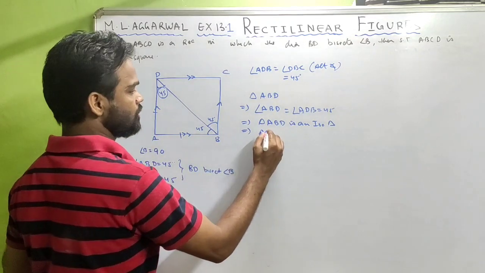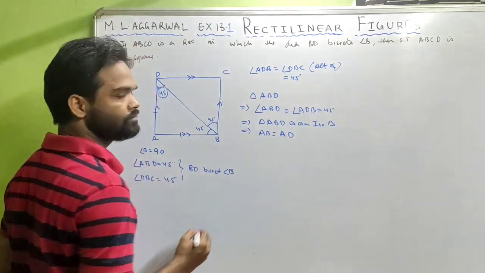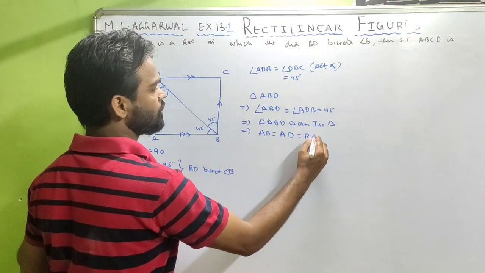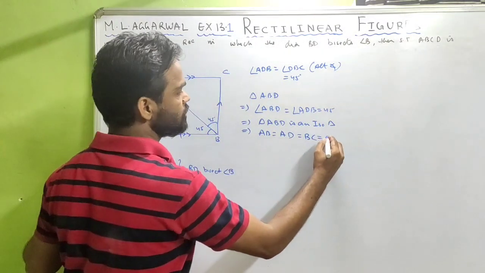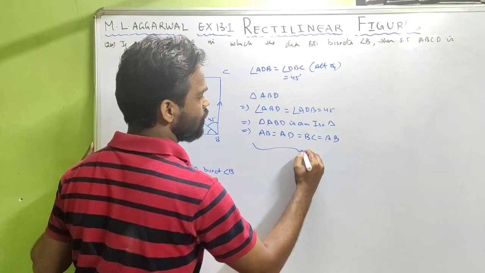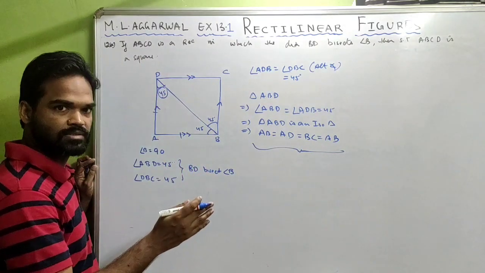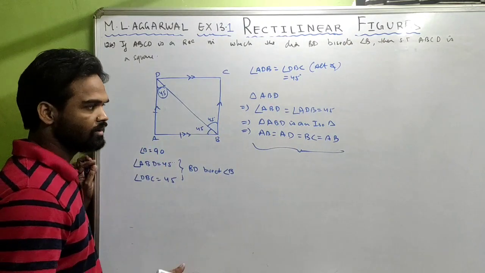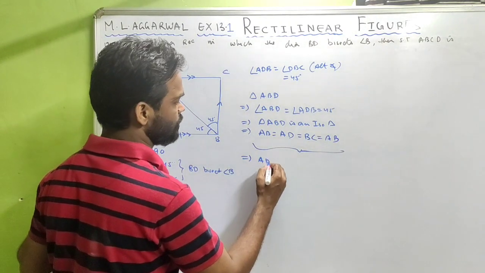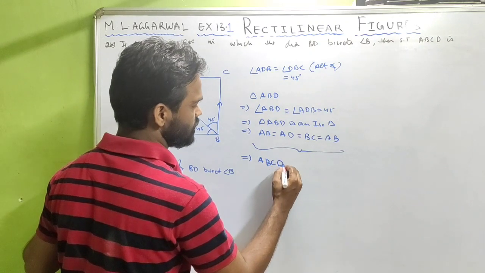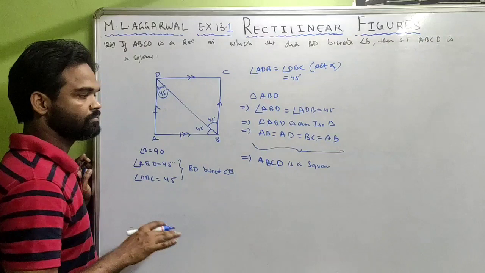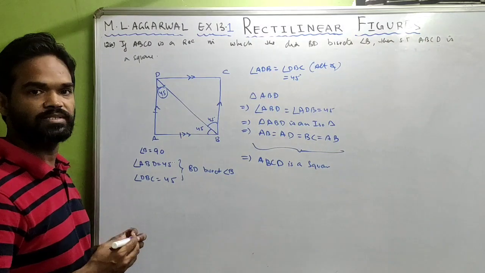So AB will be equal to AD, and AD is equal to BC and BC is equal to AB, which means all the sides are equal. Hence, if in a rectangle the adjacent sides are equal, it becomes a square. Hence, it simply implies that ABCD is a square. Proved. Okay, this was an interesting sum.